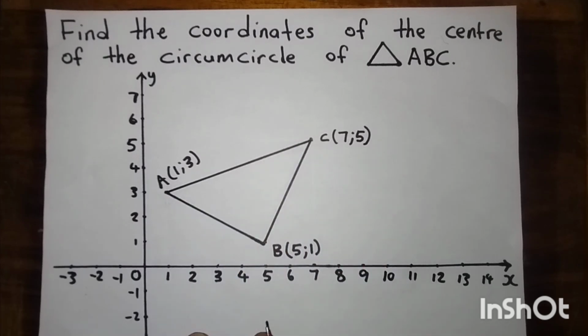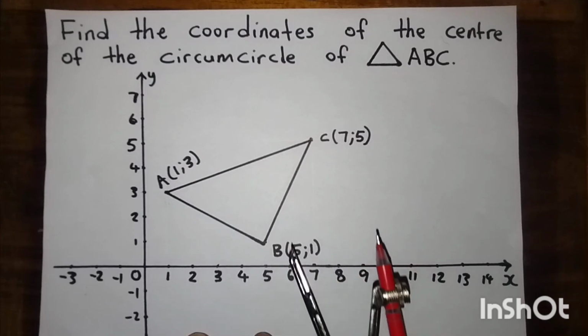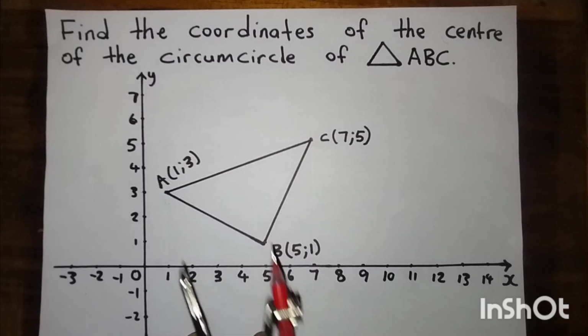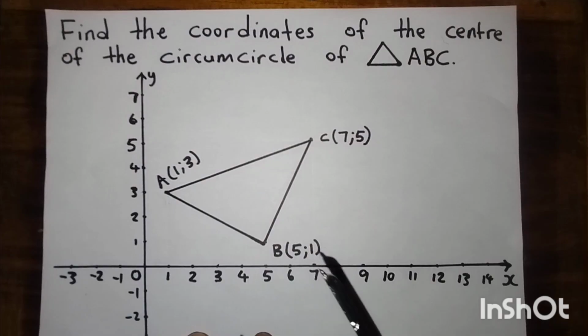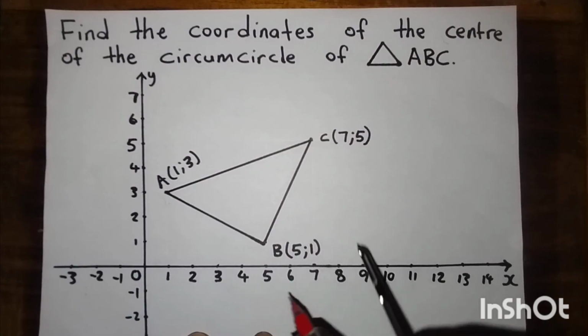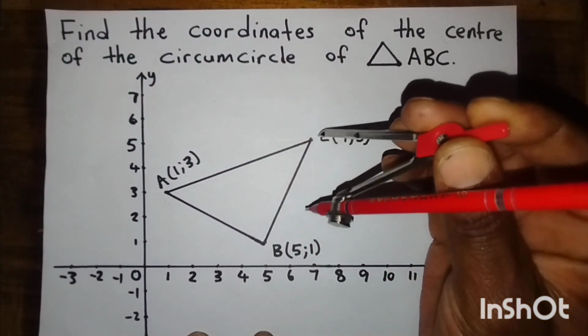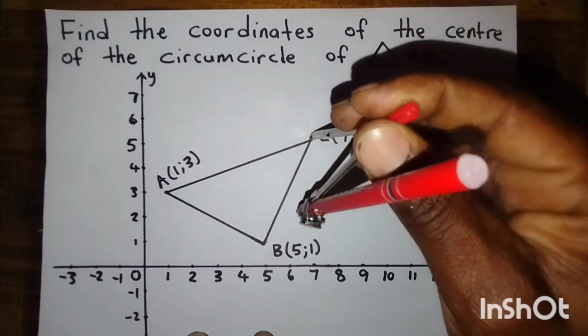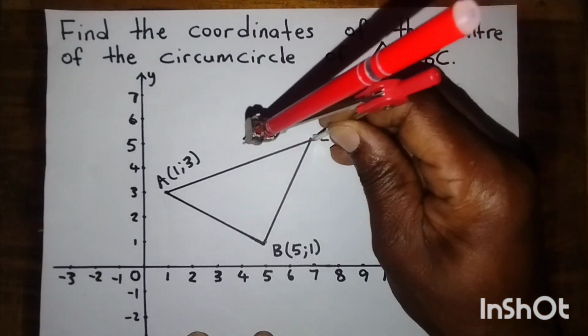So I'm going to find the perpendicular bisector of chord AB and the perpendicular bisector of chord BC using construction, and where the perpendicular bisectors of the chords AB and BC meet, that's where the center of the circle is located. So I'm going to start by constructing the perpendicular bisector of chord BC, using this compass.